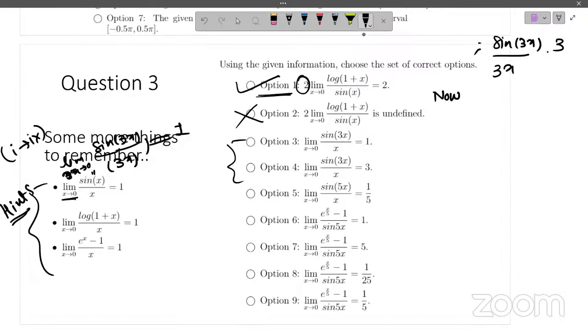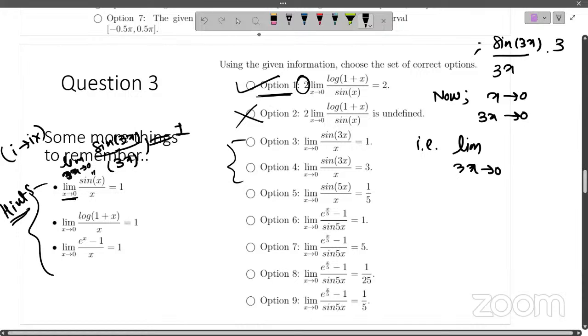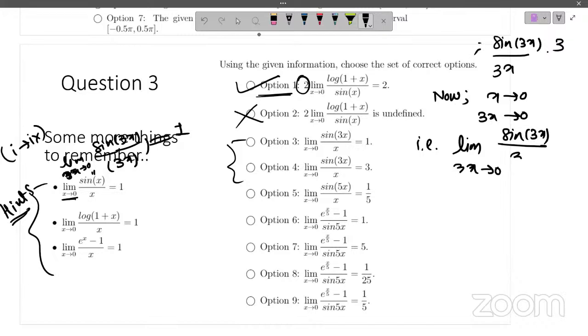Now observe that if x is going to 0, 3x will also go to 0, so we can apply the limit. The limit as 3x tends to 0 of sine of 3x by 3x, into 3. This limit becomes 1, and it is multiplied by 3, so it becomes 3. So the answer is not 1, so the third option is not true.